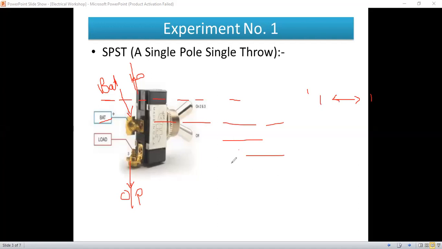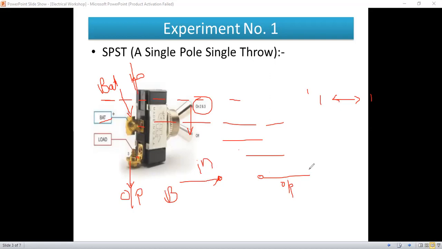See, this is an arm, a movable arm. When we move it to this side, this terminal is connected to the output terminal. Suppose here it is the output side and this one is the input side. At the input there are batteries connected.